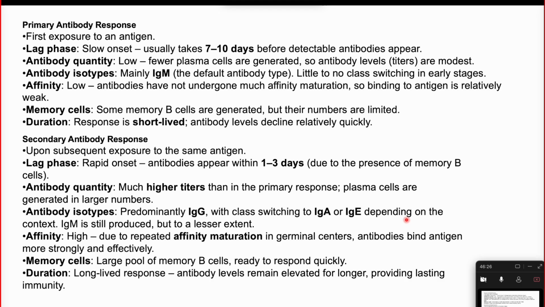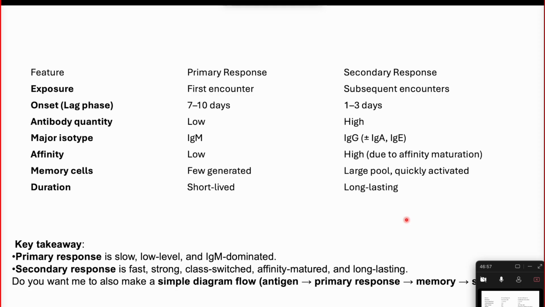Due to repeated affinity maturation in germinal centers, antibodies bind antigen more strongly and effectively. A large pool of memory B cells is ready and quick to respond. The duration is generally long lived, and antibody levels remain elevated for longer, providing long lasting immunity.